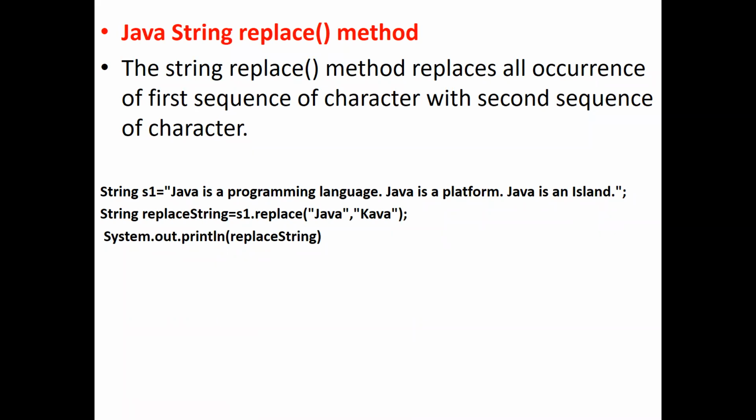In this, I want to replace Java with Kava. What I will do is s1 dot replace of Java, where the first argument is what you want to change, which word, and the second argument is what you want to replace it with, the new word: Kava. If I print this replaced string, wherever Java is there, I'll be getting Kava.